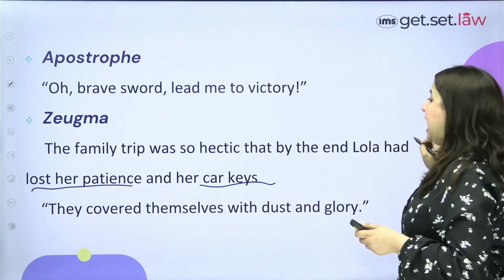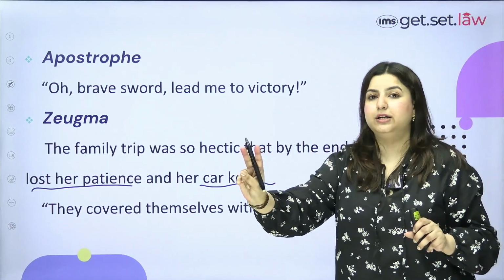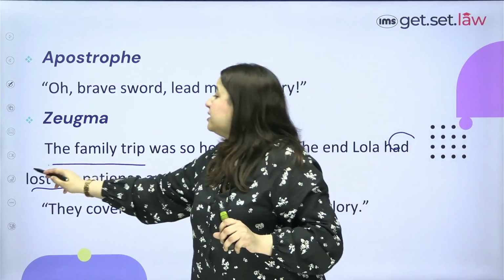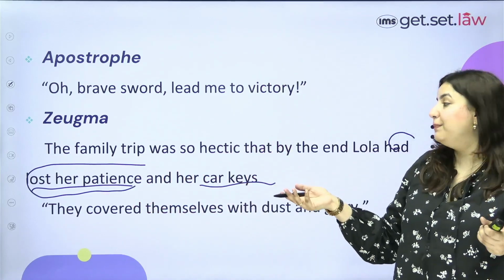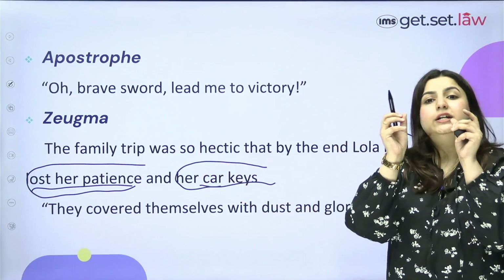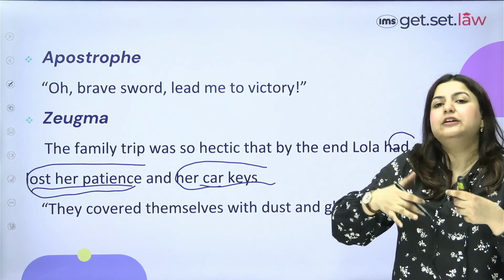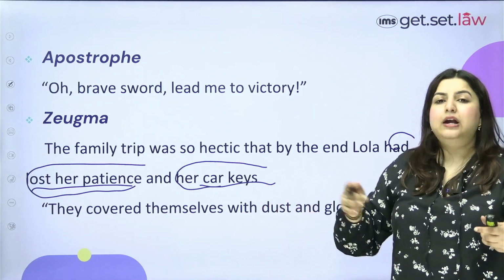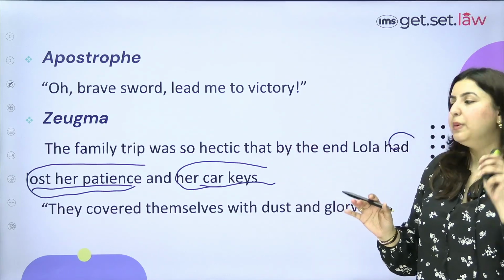She had lost what? The word lost is governing two different words now. One is she is losing her patience, which is more of a figure of speech, a comparison. And the other is she has lost her car keys. Do you see how lost as a word is applying in different contexts? So this is what zeugma is.